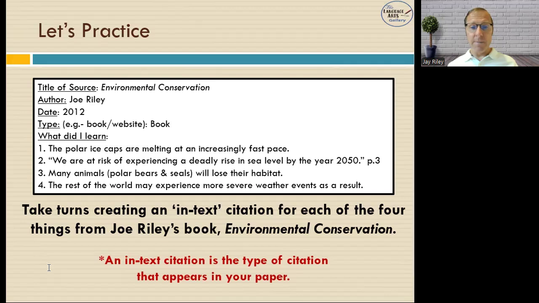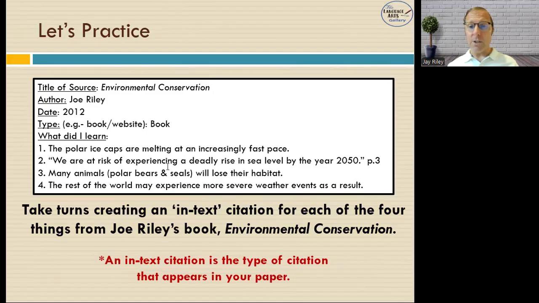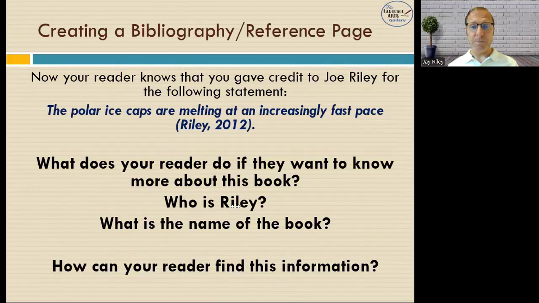So for the first, the third, and the fourth, I would simply put Riley 2012. For example, here, the polar ice caps are melting at an increasingly fast pace. Riley 2012. If I wanted to use the second bit of information here, I would use quotation marks and I would say Riley 2012, page 3, because that's a direct quotation.